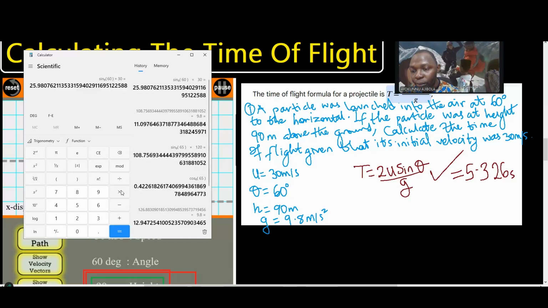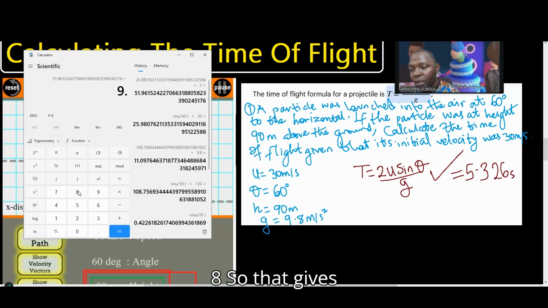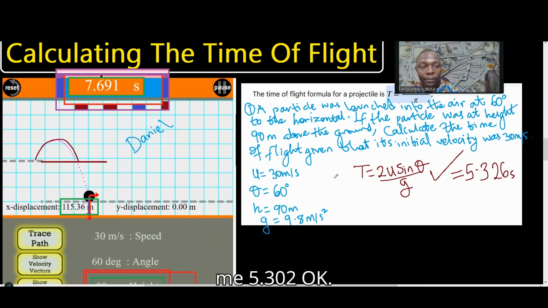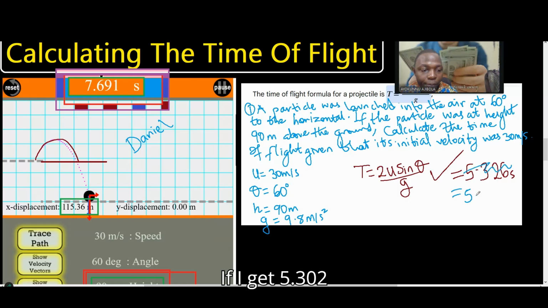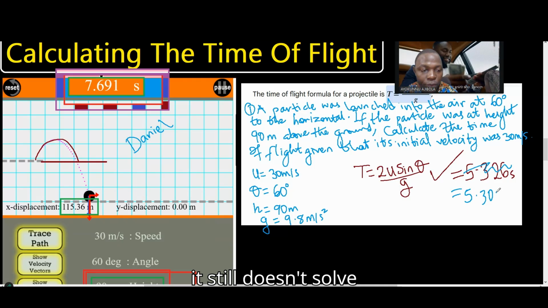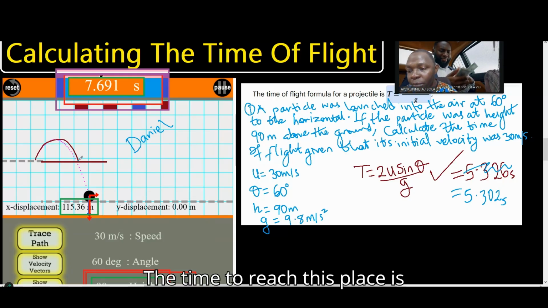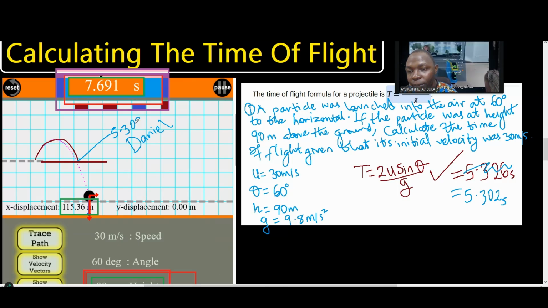Times 2, then divided by what? 9.8. So that gives me 5.302, okay? Yes, sir. So even if I get 5.302, it still doesn't solve my problem, okay? And the time to reach this place is that 5.302. Is that clear? Yes, sir.